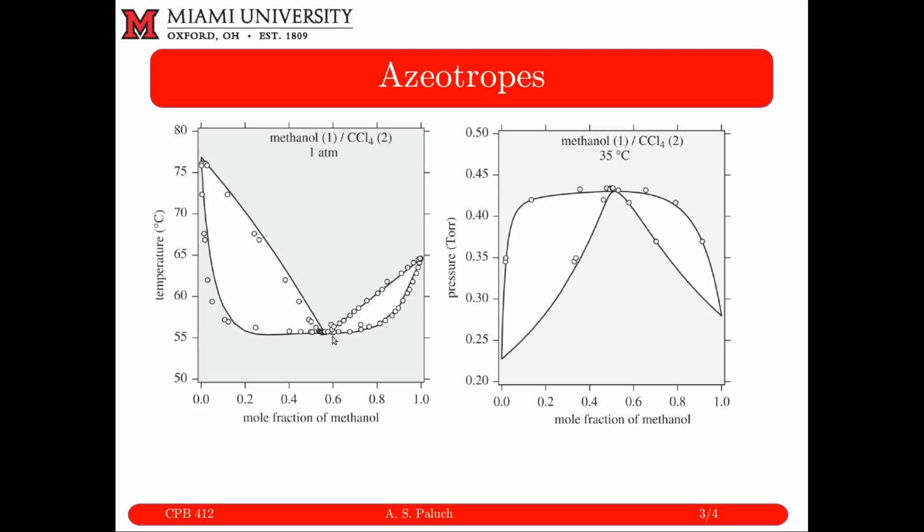Why do you think that is? Minimum boiling azeotropes are caused by, essentially you could think of them as, unfavorable interactions in solution. Methanol and carbon tetrachloride don't really like each other, and as a result, it's easier to boil the resulting mixture than it is either pure component.